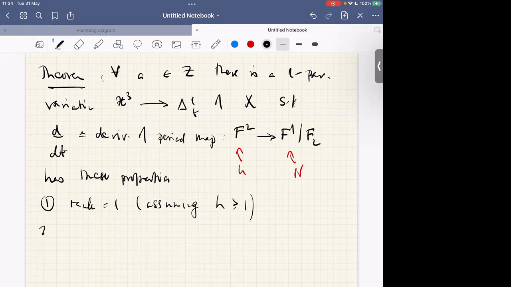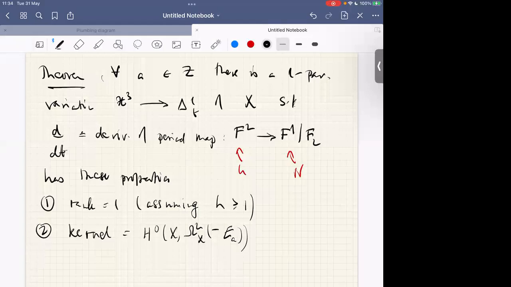Two. Its kernel is the space of two forms that vanish along the fiber minus A. And I should say at this point that, because the surface is elliptic and has a section, the bundle of two forms on X pulls back from a line bundle on the base curve.